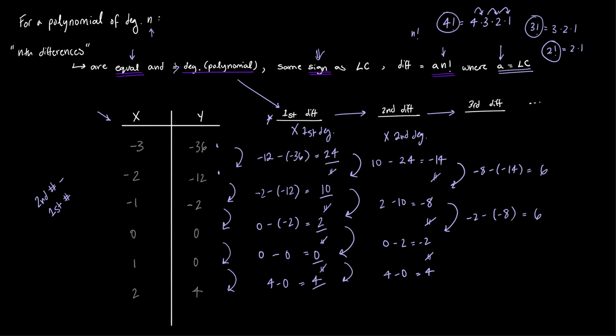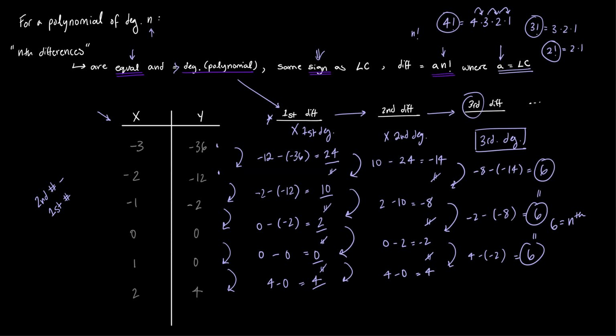And finally, we're going to have positive 4 minus negative 2, which is once again positive 6. So in this case, we can see that these are all equal. So our third differences are all equal. So we know that this polynomial has to be a third degree polynomial.